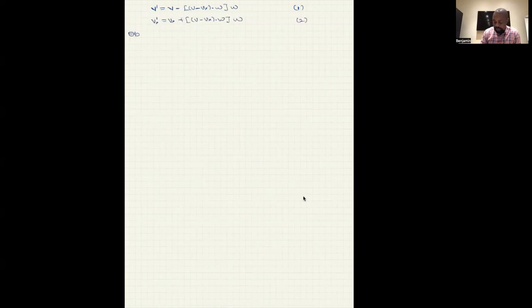Observe that switching V and V star in equation 1 above gives V prime is equal to V star minus (V star minus V dot omega) times omega.